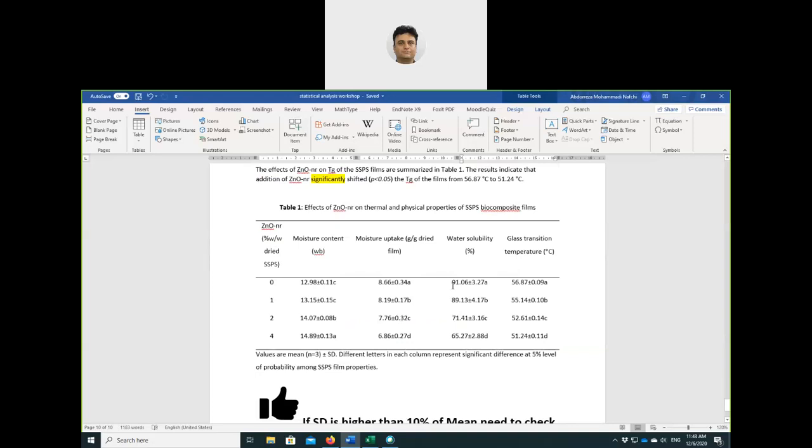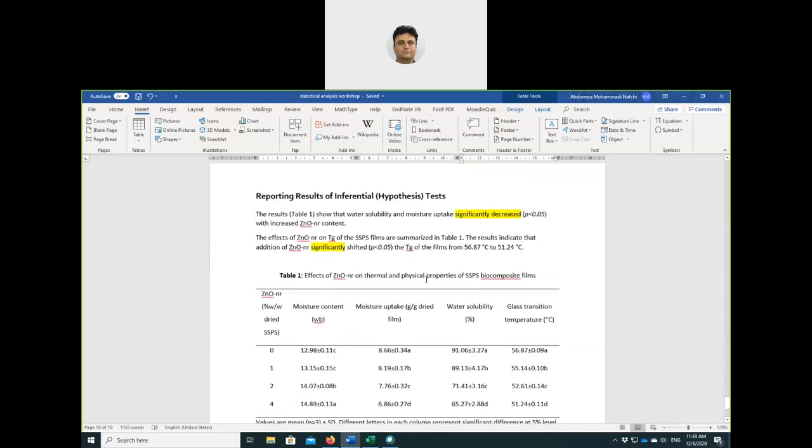We use one way ANOVA just for water solubility, and each of them is reported separately.